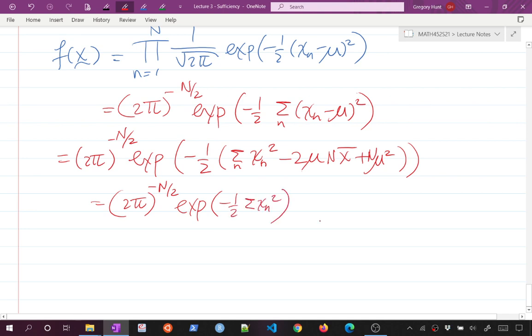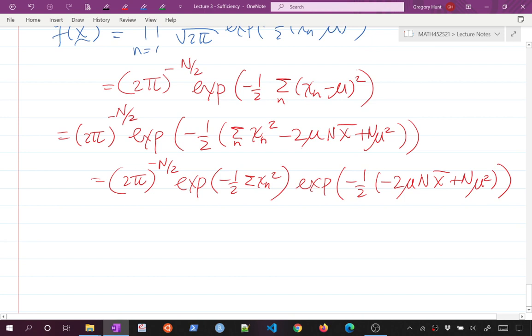Okay. And then what else am I left with? I'm left with this thing. Negative 1/2. We'll just leave it like this. It's a bit ugly, but it doesn't matter. This doesn't have to be pretty, it just has to be there.